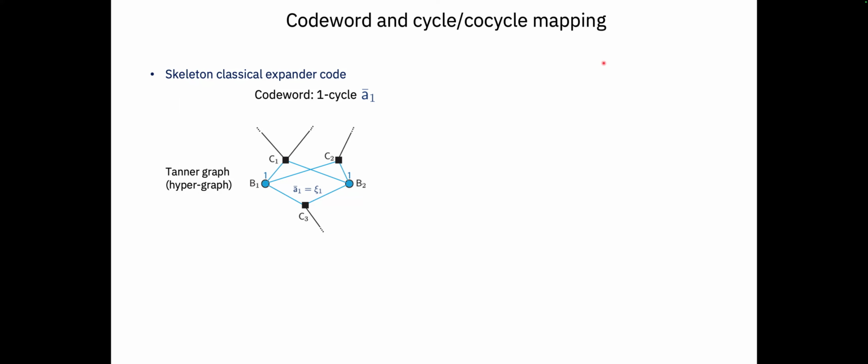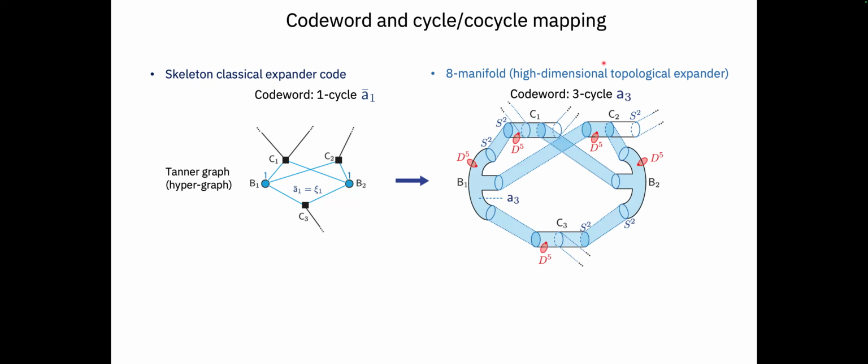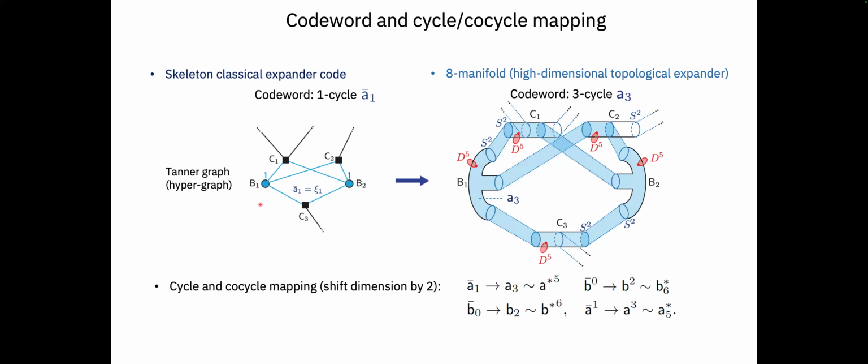So basically what we have achieved is that we start from a Tanner graph of the classical code, then we build an n-dimensional manifold. Here I only show the half copy of the manifold, which is the handle body. And you can see that the original code word, which is the one cycle on the classical code, is now mapped to some three cycle on this manifold. Originally the one cycle is defined on this hyper edge, so it's not really a geometric object.